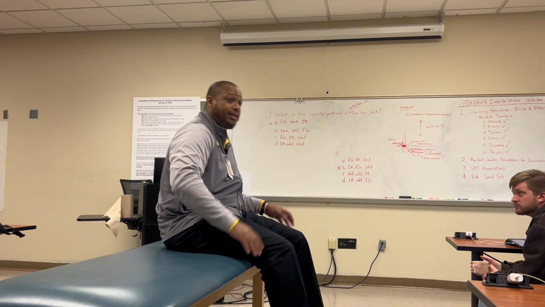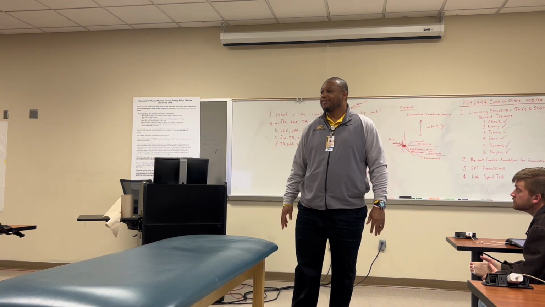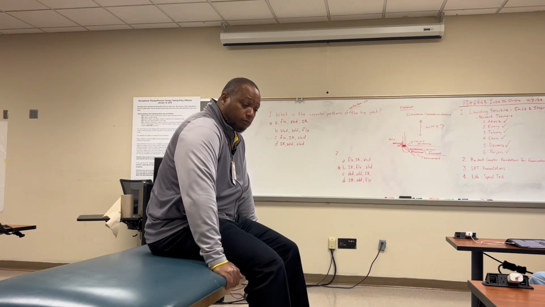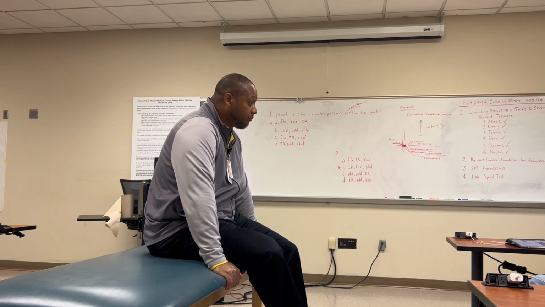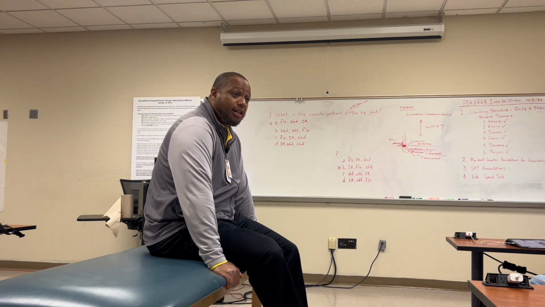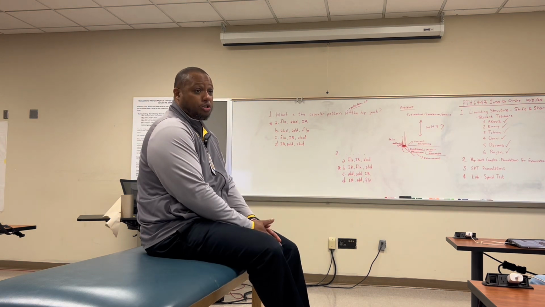Remember when I was standing and I did external rotation? It was contracting concentrically. So now, if I do external rotation, what is the piriformis doing? It's eccentrically contracting, it's elongating. So now I can actually stretch.